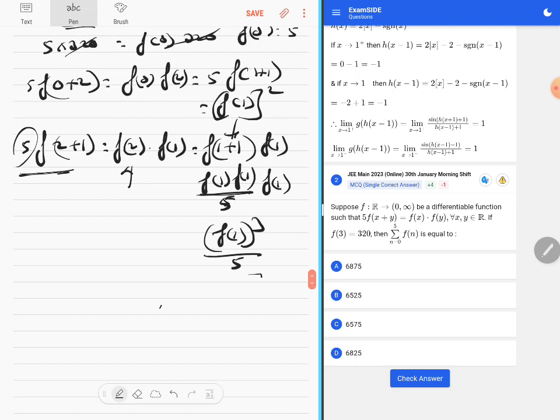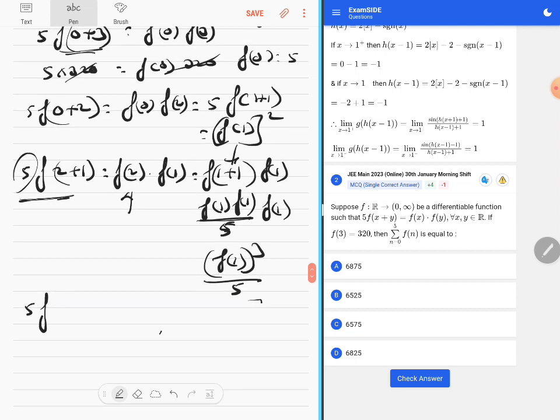Let's see how to find f of 1. F of 3 can be written as f of (2 plus 1), which is also f of 2 into f of 1. That's exactly what I've written. And you already know what f of 3 is.